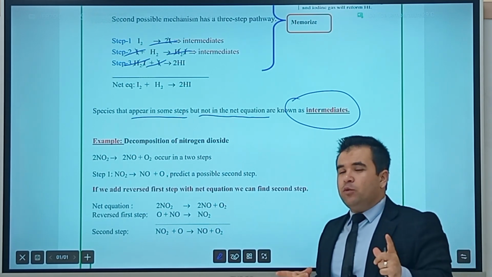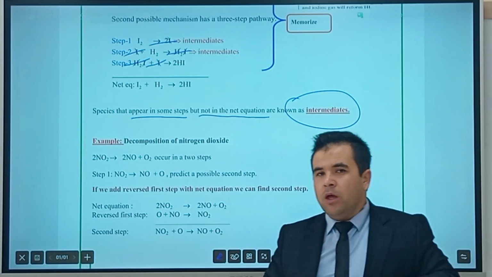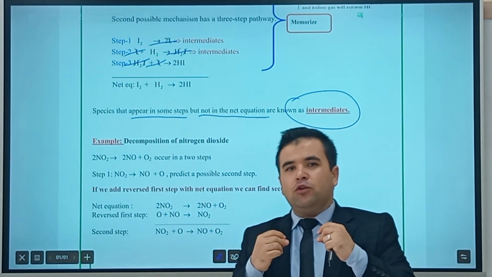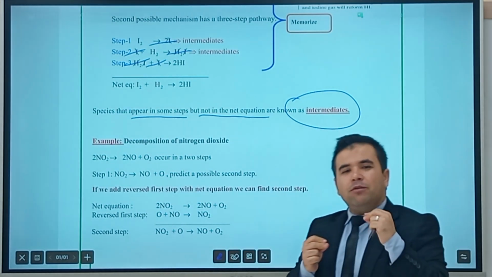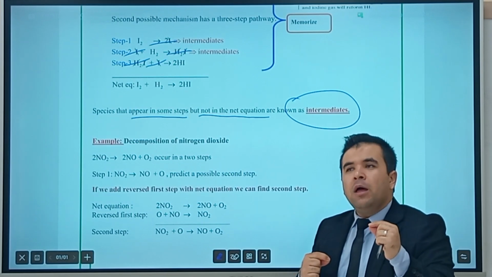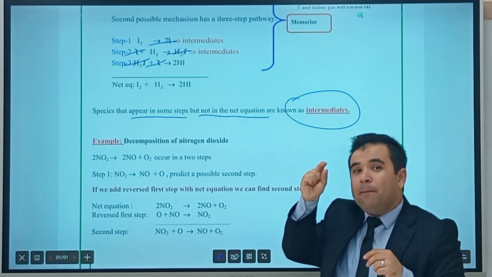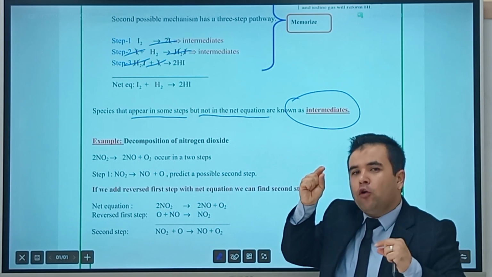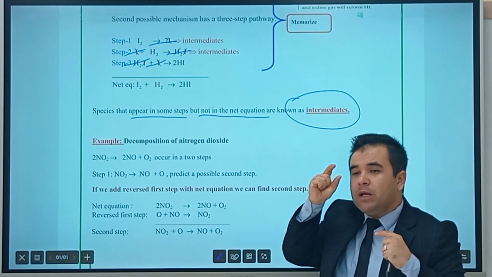There is a difference between catalyst and intermediate. We'll be talking about that in section 2 in detail. But let me tell you the difference simply. The catalyst appears in the reactant of the first step and the product of the final step, but an intermediate is the product of one step and the reactant of the following step.